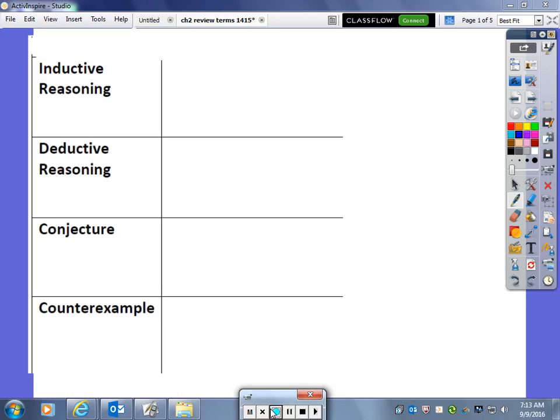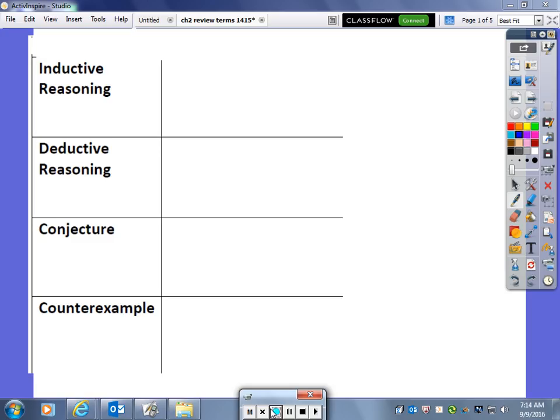All right, let's review the key vocabulary of a unit on logic reasoning to get ready for our unit test. We talked about two different types of reasoning: inductive reasoning and deductive reasoning.